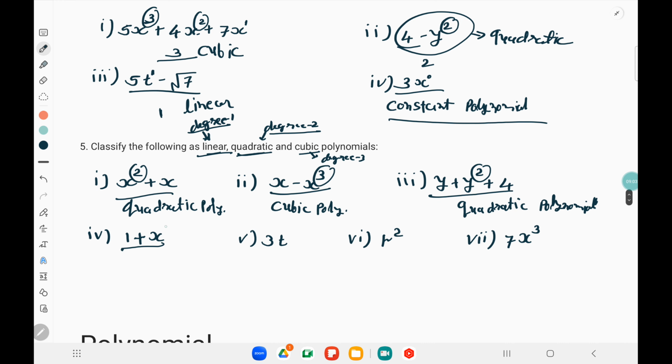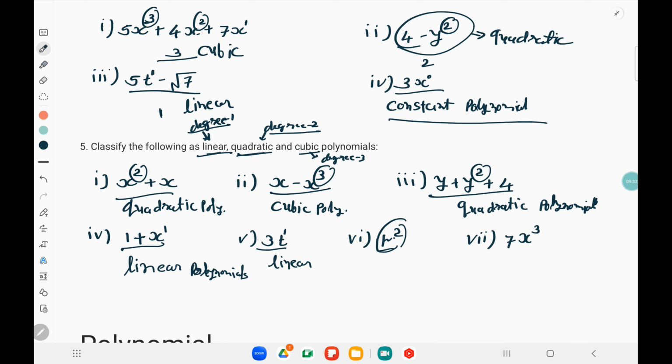Okay, here x has no written power, which means it has power 1, and if it is only 1 as the highest power, we call it a linear polynomial. Okay, here again only one term, but t has no written power, so we take the power of t as 1. So again it is a linear polynomial.